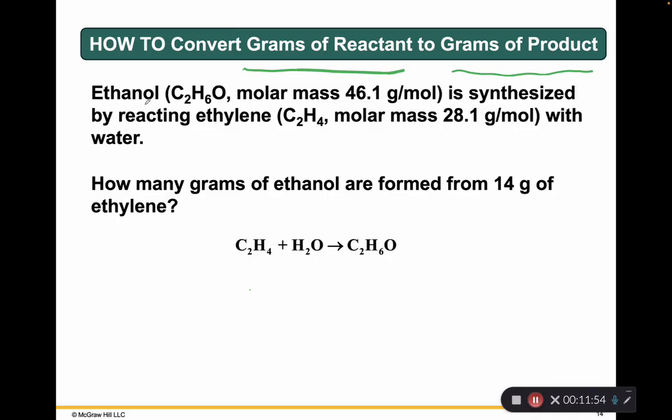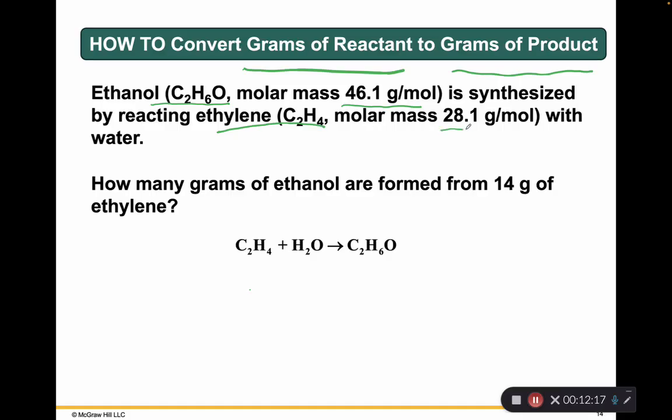Let's look at this with an example. Ethanol, the alcohol that we find in beer, C2H6O; its formula is given, its molar mass is given. Ethanol is synthesized by reacting the starting material, ethylene, C2H4.